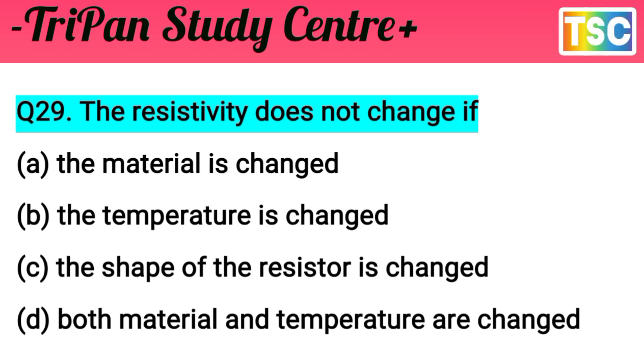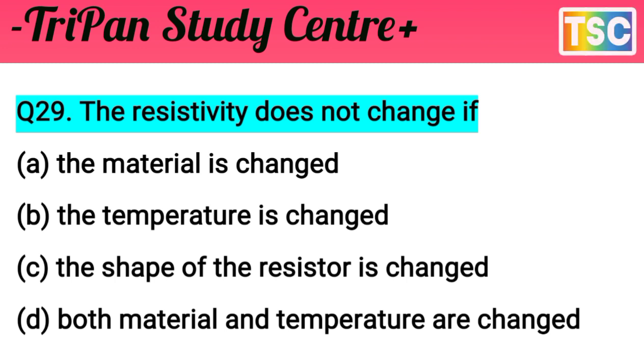The resistivity does not change if the material is changed, the temperature is changed, the shape of the resistor is changed, or both material and temperature are changed. If the material is changed, resistivity does change, so that's the wrong answer. The temperature is changed.